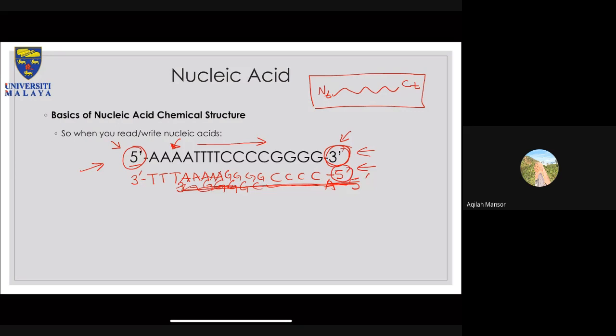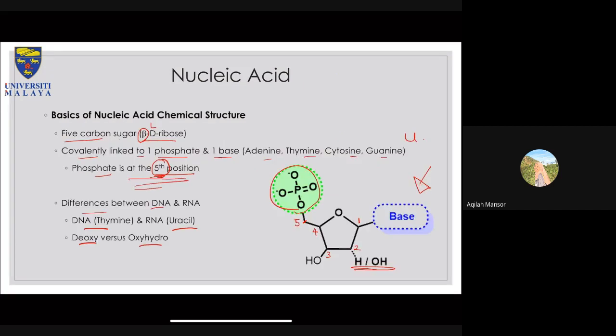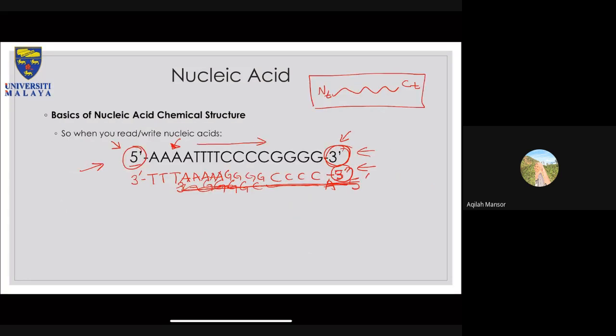Why does this matter? Because the 5' end position always has a phosphate. So if you accidentally put down 3' end here and 5' end there, it becomes something else altogether. The structure of the nucleic acid now differs. So that's why it's very critical to write it in a proper way.